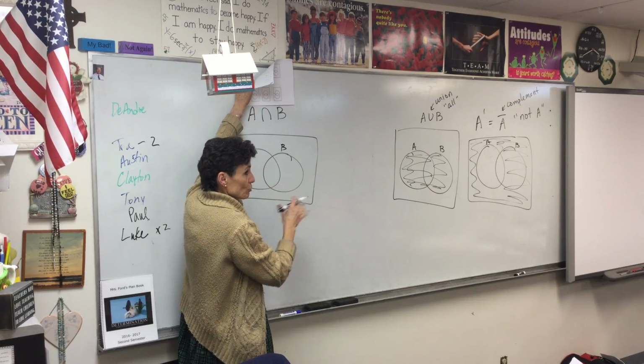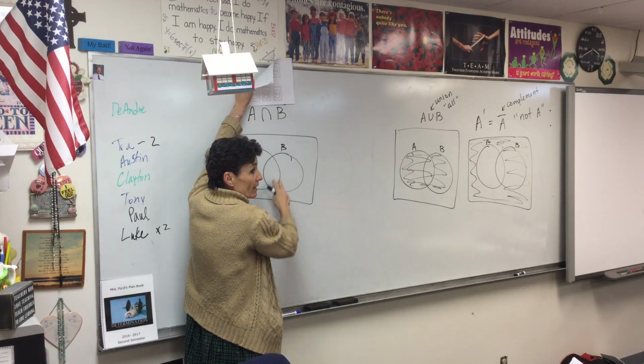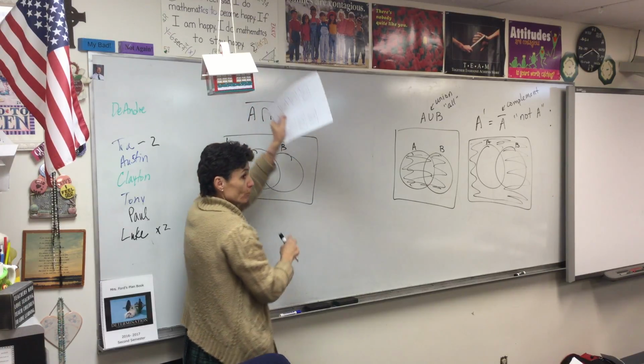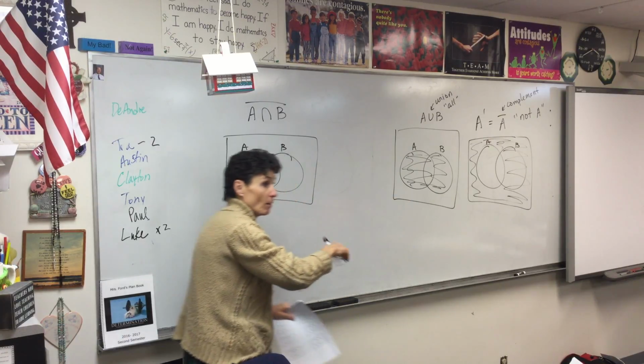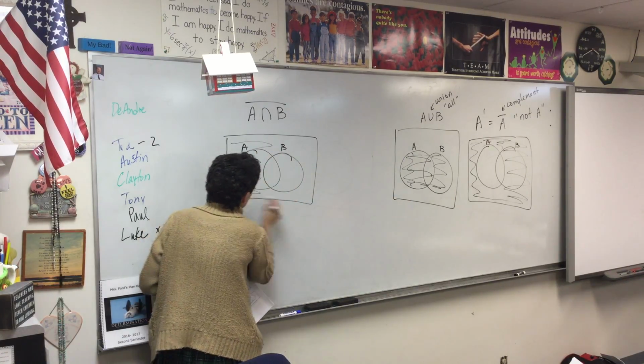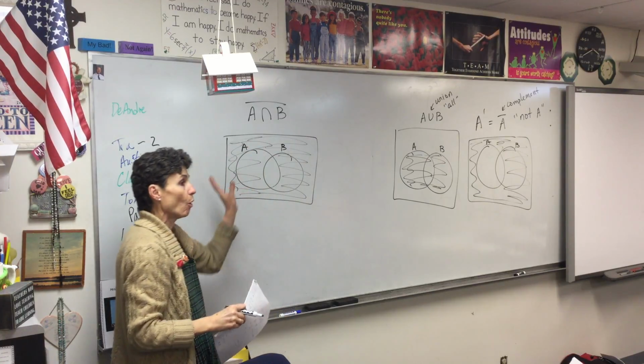But what was that in terms of the shade? That was the football, right? So when I put a bar over it, that means shade everything except the football. So that's going to be everything, and that's the whole box, not just the circles. It's the whole box.